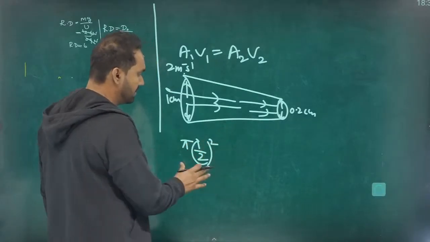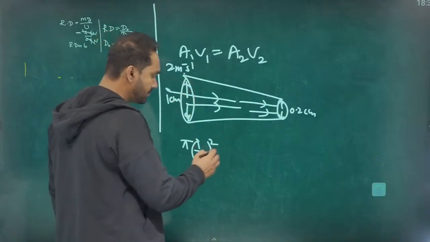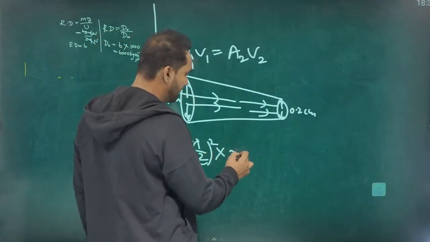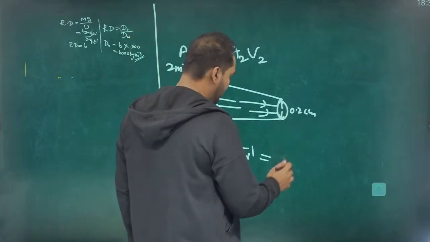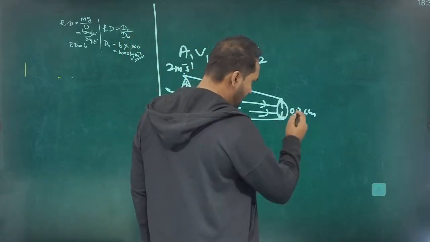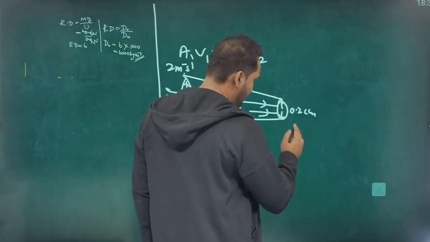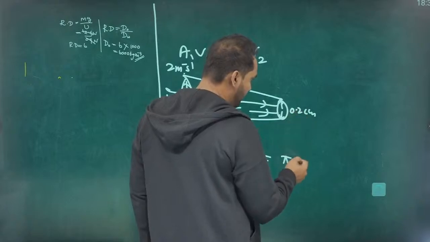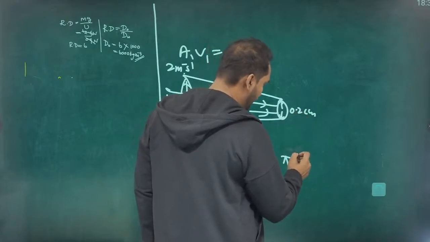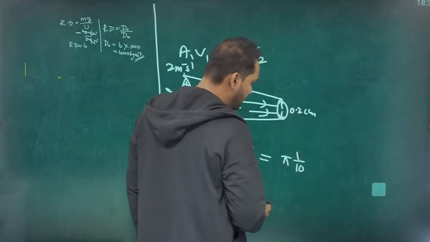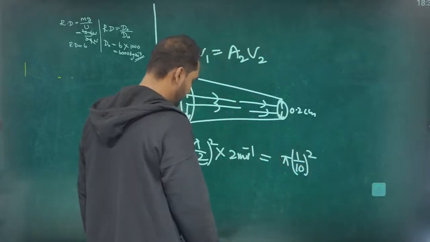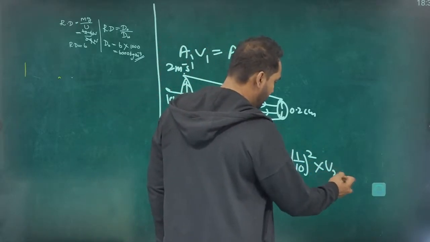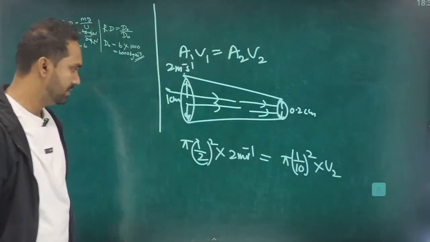So pi r squared is the cross-sectional area of this one, into velocity 2 m/s, equals the cross-sectional area of this one, pi, the radius is 0.1, since 0.2 divided by 2 is 0.1. We'll take it as 1/10, squared, into V2.